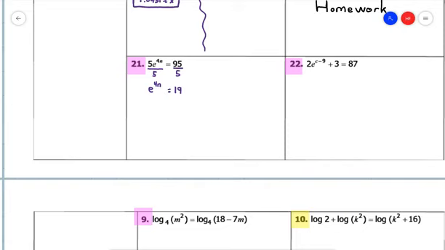Now remember, we want to solve for n, but n is inside that exponent, so I'm going to convert. I get the natural log of 19 is equal to 4n, and I want to get n by itself, so I'll divide by 4. I get that the natural log of 19 divided by 4 is equal to n.